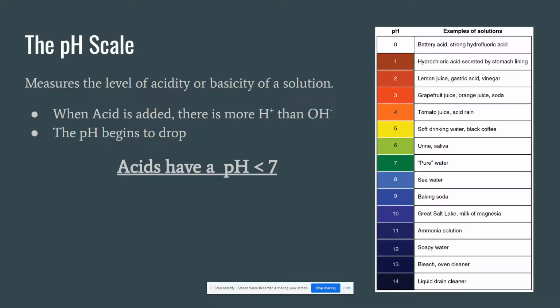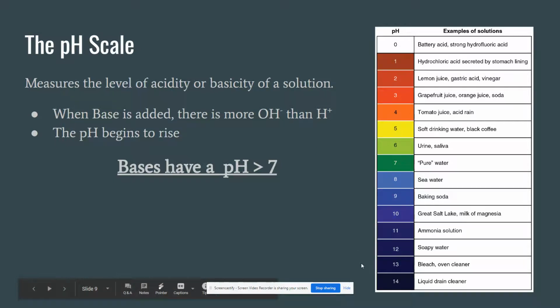Now, on the opposite end, if I add a base, then what I'm adding is more hydroxide, and this means the amount of hydroxide is going to be larger. And so there's going to be less of the H plus around, and this results in an increase in my pH.